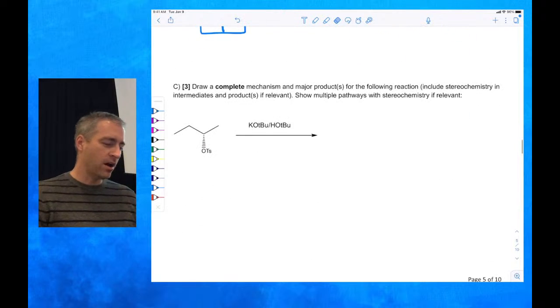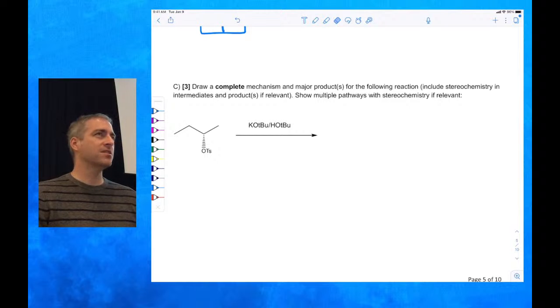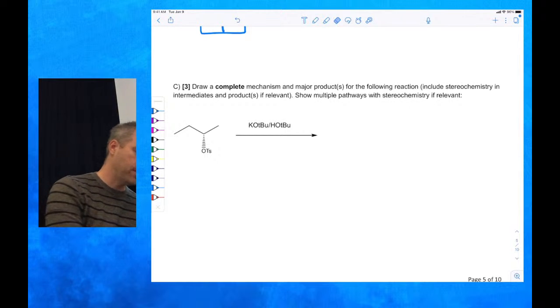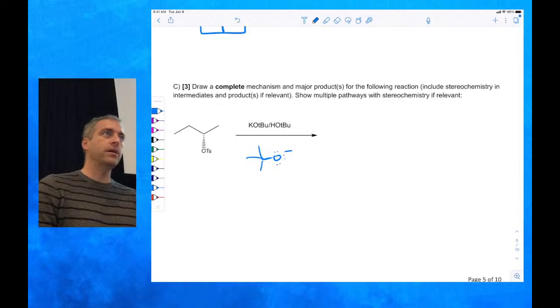3, draw a complete mechanism and show major products for the following reaction. Here we have K tert-butoxide. Remember, the first thing we do is we eliminate the K+. So this is a bulky alkoxide.